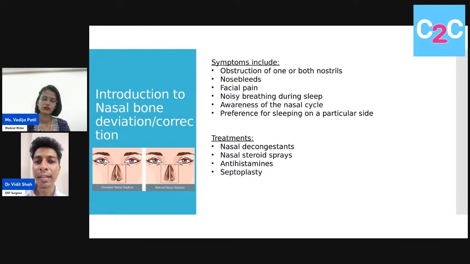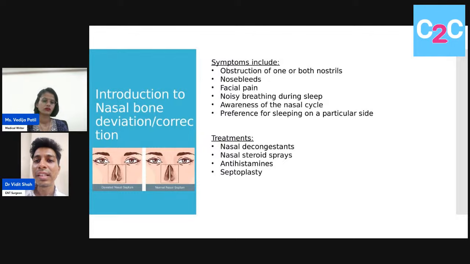But I really want to highlight the fact about facial pain and nosebleeds now. So why does a nasal bleed occur when it's a nasal bone deviation? Physiologically and very scientifically, I want to convey to my audience that your nasal passage is always along the floor of the nose.